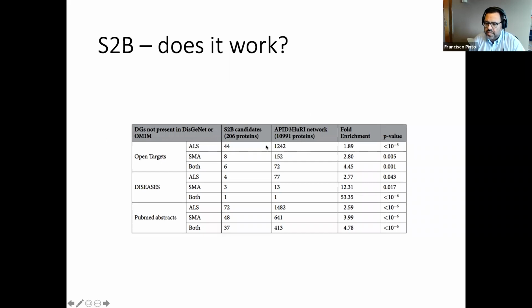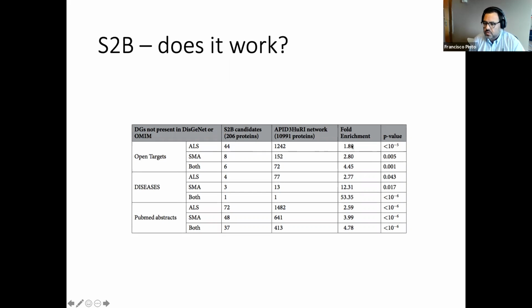But when we compare finding 44 in 206 out of the total number in the full network, it was not randomly expected to get such a high number. And we actually had a frequency of the ALS genes in the candidates that was around 2 times more frequent than expected by chance.